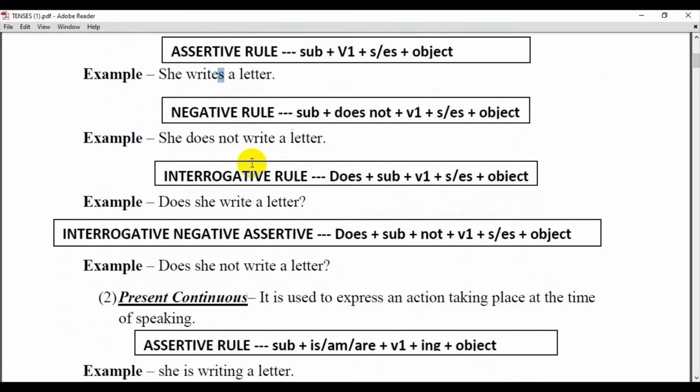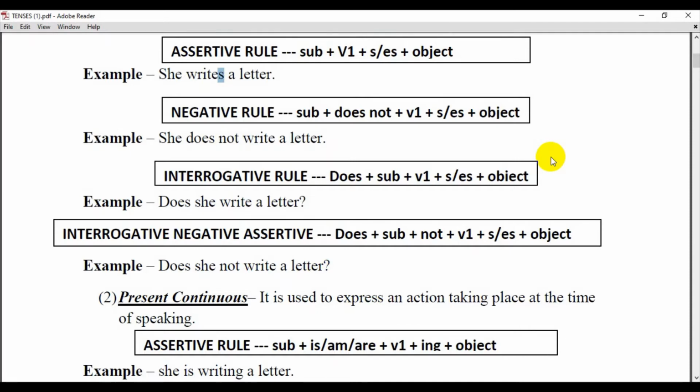Of course, we have the negative and the interrogative. The negative we need to add in this kind of simple present with the verb one. Of course, I'm going to explain that later. What is the difference between, if we can say, simple present number one and simple present number two?